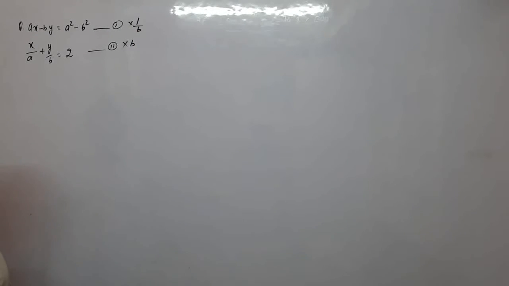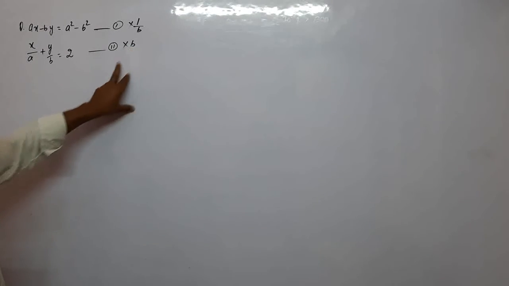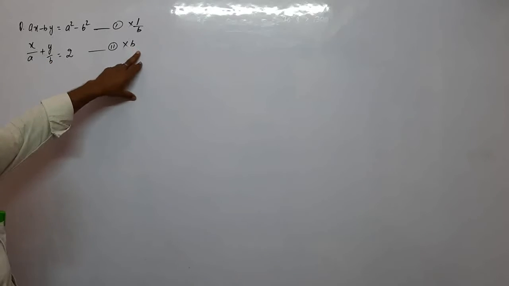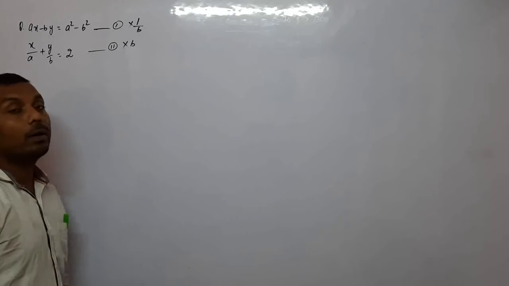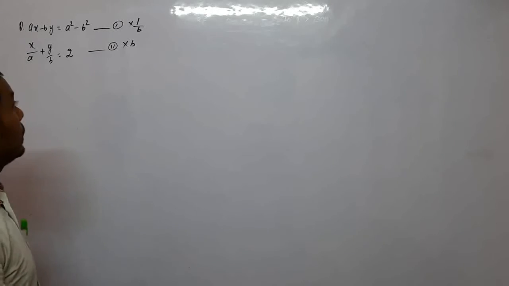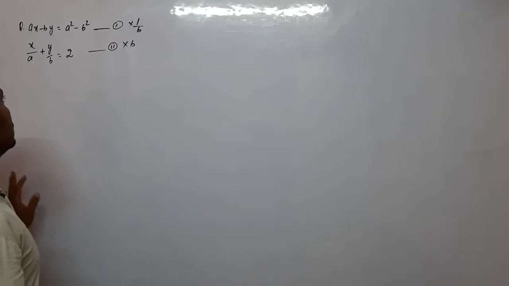Simply, we can multiply this term with b square, and we can obtain the b, since if we take b square, b and b square will get cancelled and one b is left, so we will have by. Either we can use that or this.